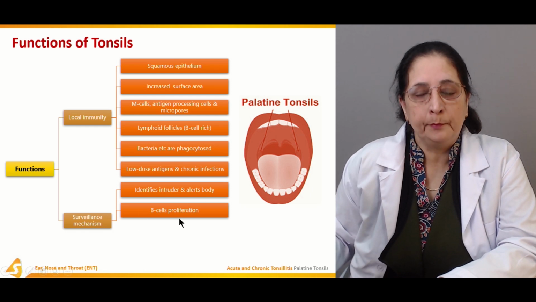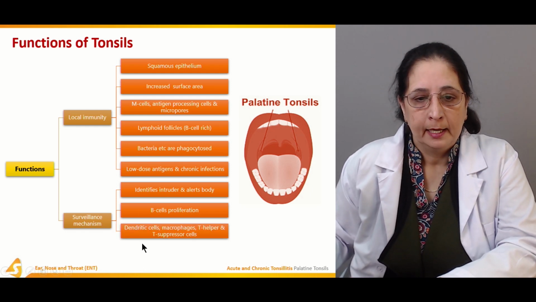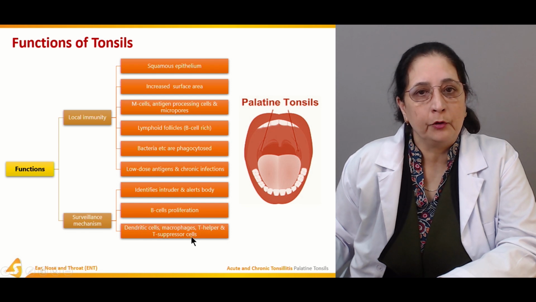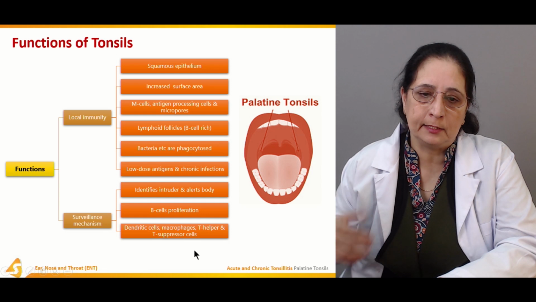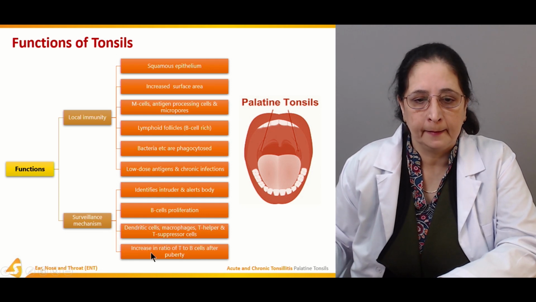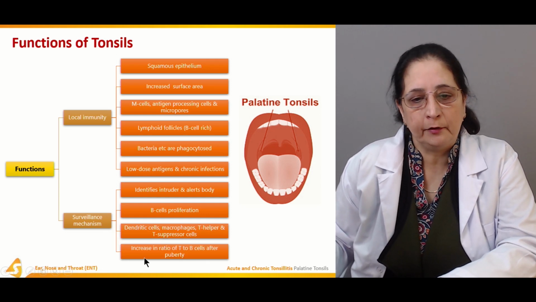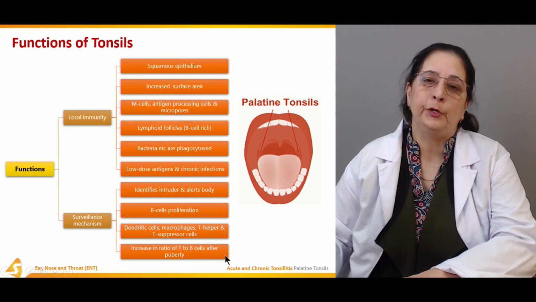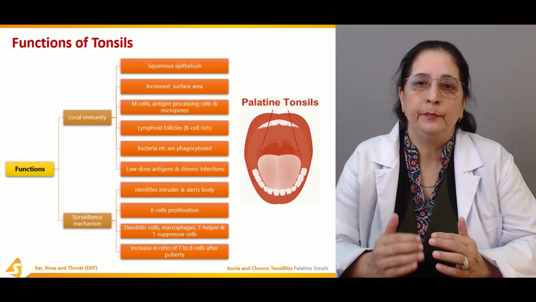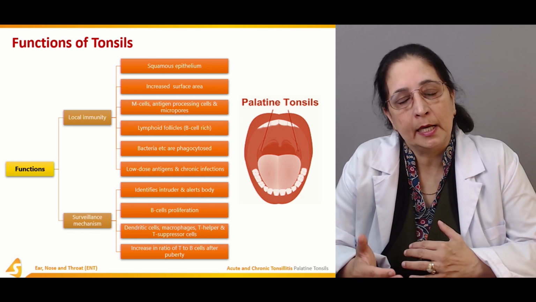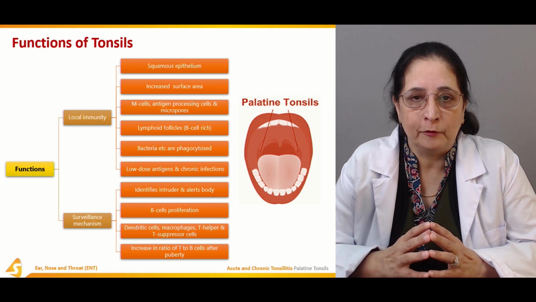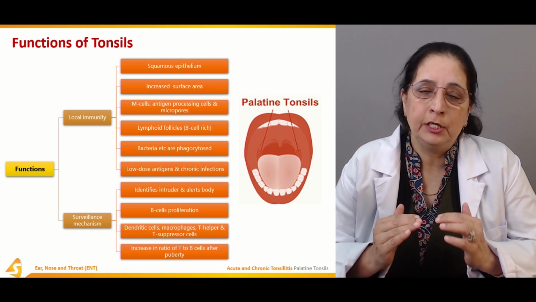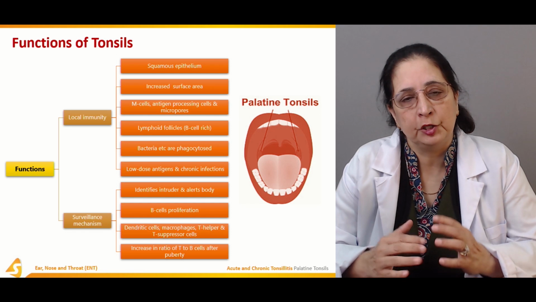B cell proliferation occurs, and dendritic cells, macrophages, T helper and T suppressor cells also proliferate, and there is an increase in the ratio of T to B cells after puberty. So after puberty, T lymphocytes are more numerous as compared to B lymphocytes. So that's how the tonsils perform their function.